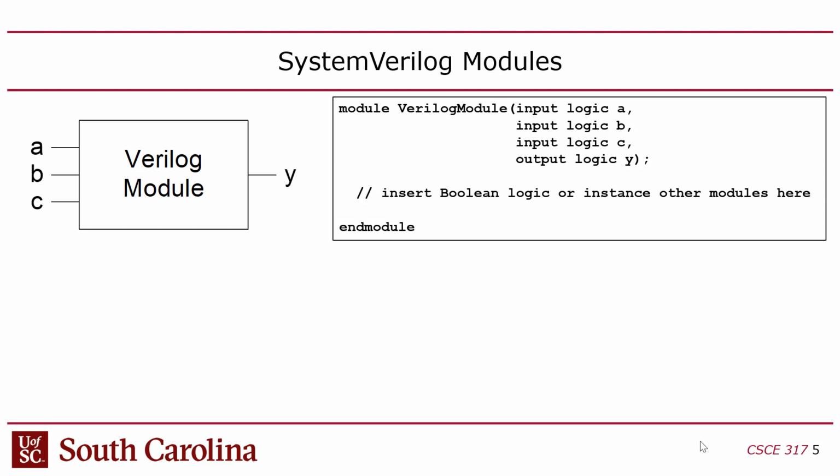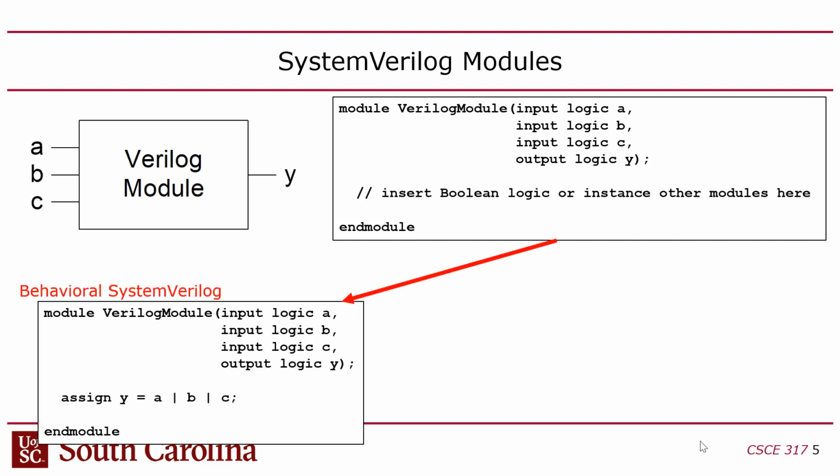So this is a little bit more verbose than it needs to be. I've got my inputs and outputs listed. There's a semicolon on the module line. There's no semicolon on the end module line, and then the stuff in between is the implementation. Generally, you'll have one module per file.